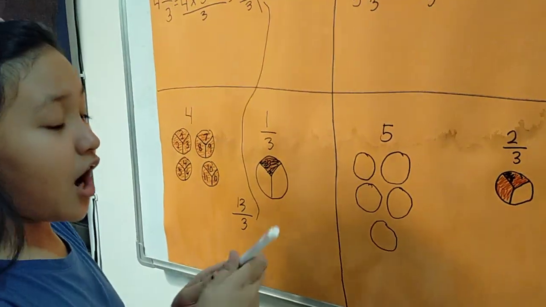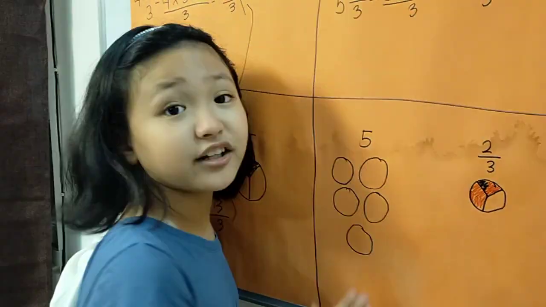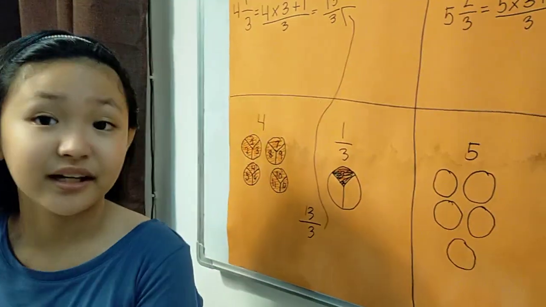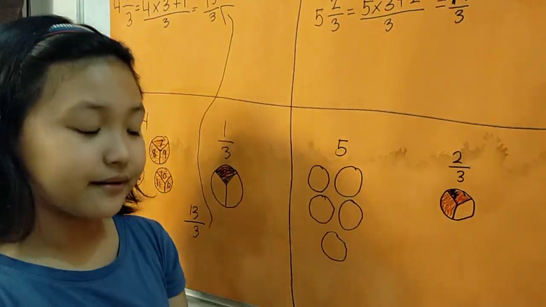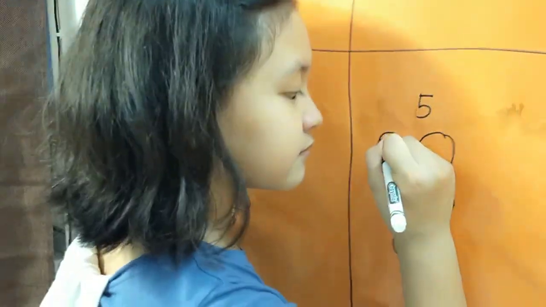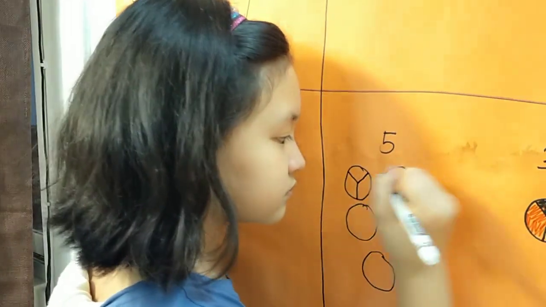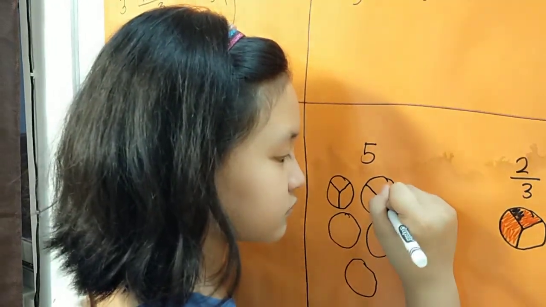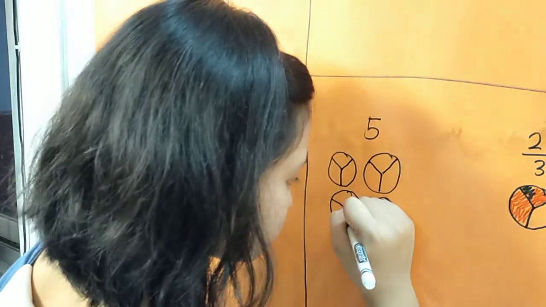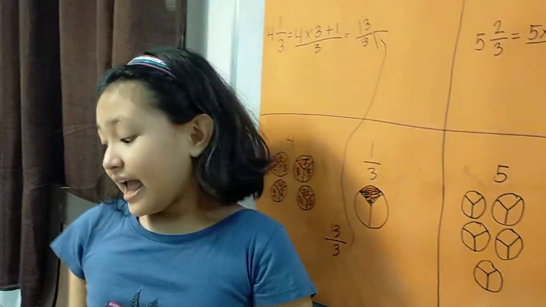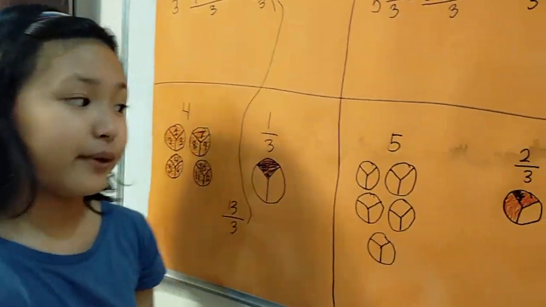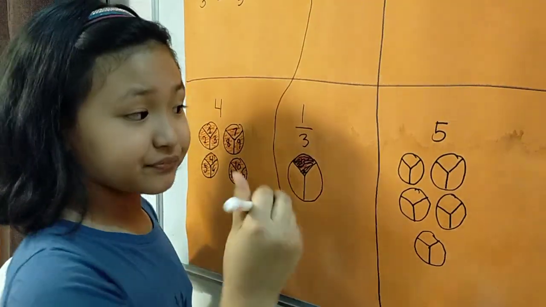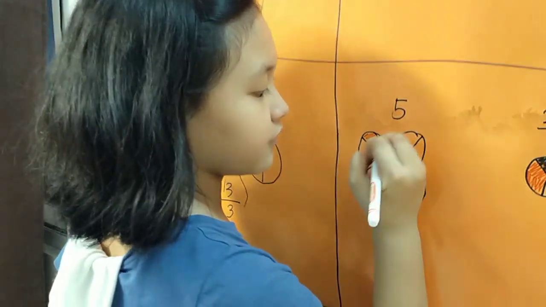And then we are going to divide these 5 circles into 3 equal parts because its denominator is 3. And because it is a whole number, we will shade all of the parts of each circle.